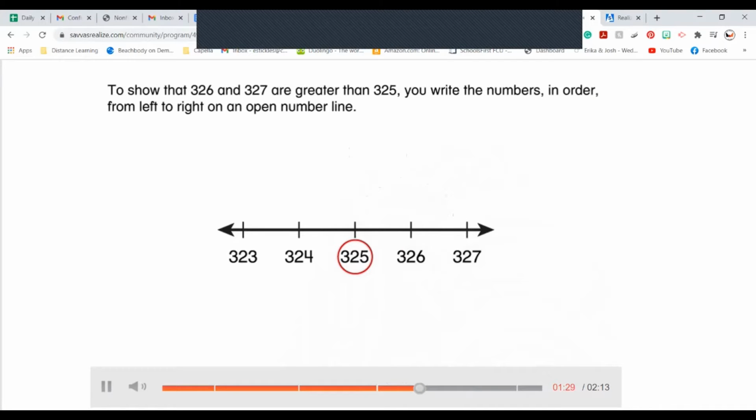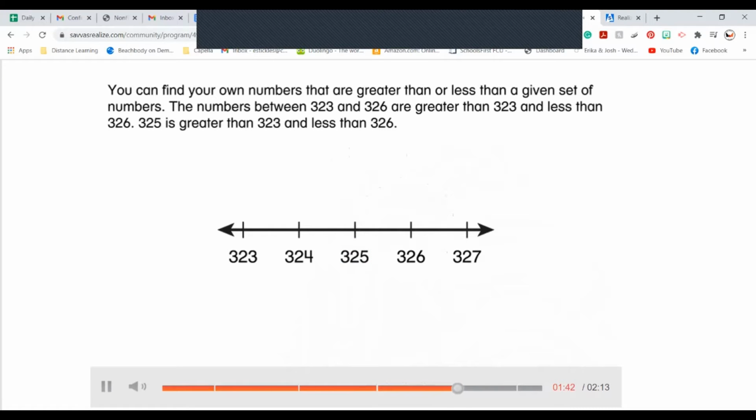To show that 326 and 327 are greater than 325, you write the numbers in order from left to right on an open number line. You can find your own numbers that are greater than or less than a given set of numbers.